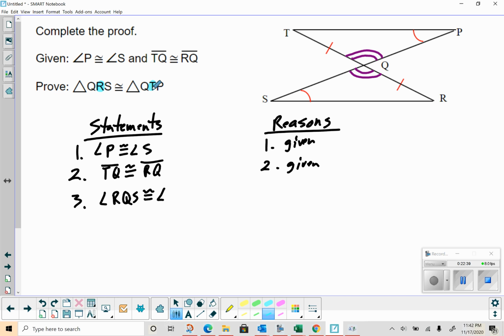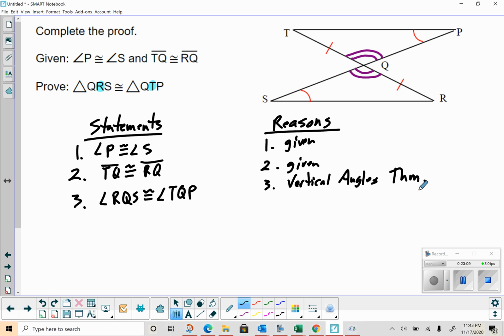T is the second point that's named, so R corresponds with T. So I have to call this angle TQP. The reason is the vertical angles theorem.